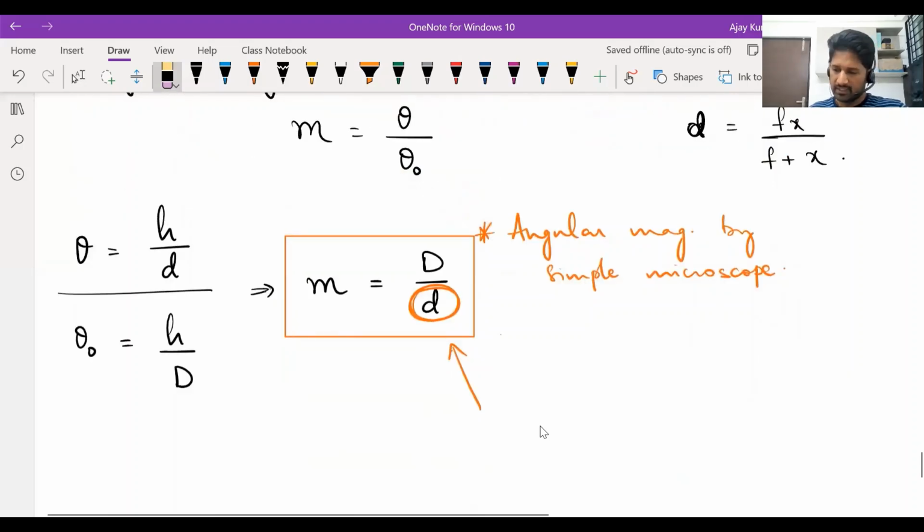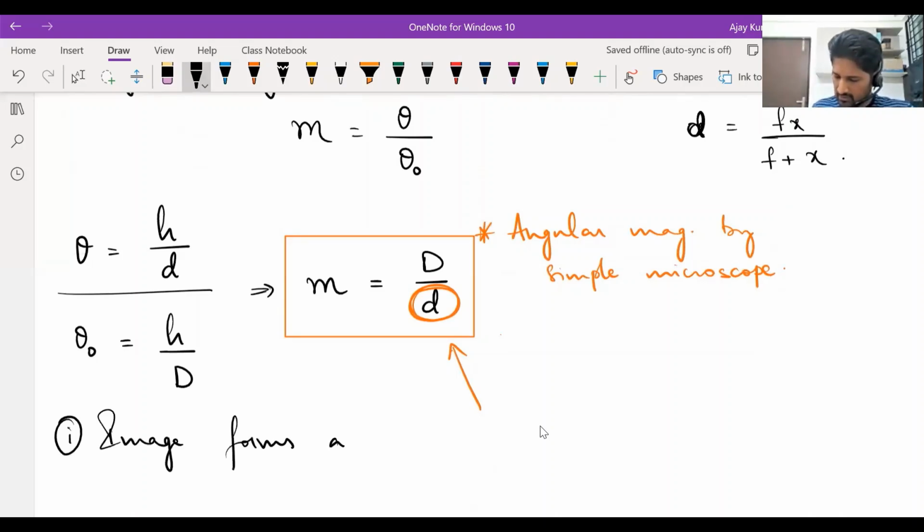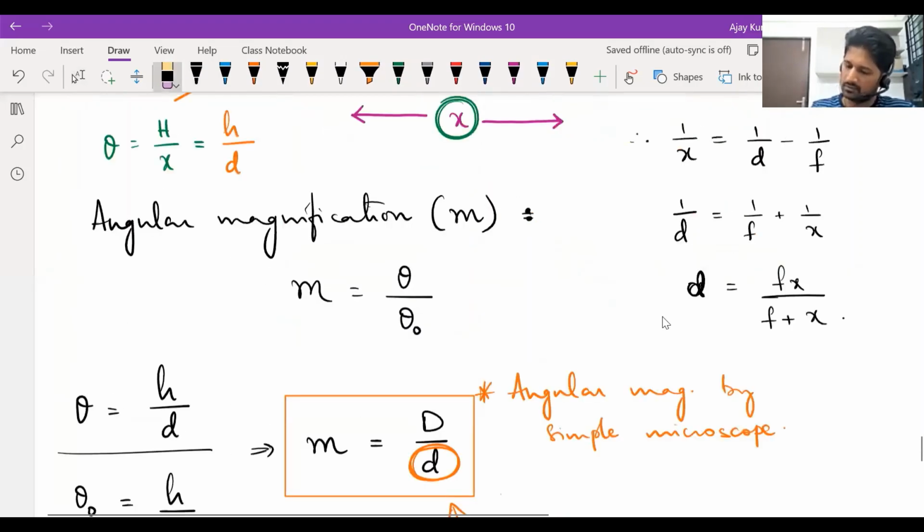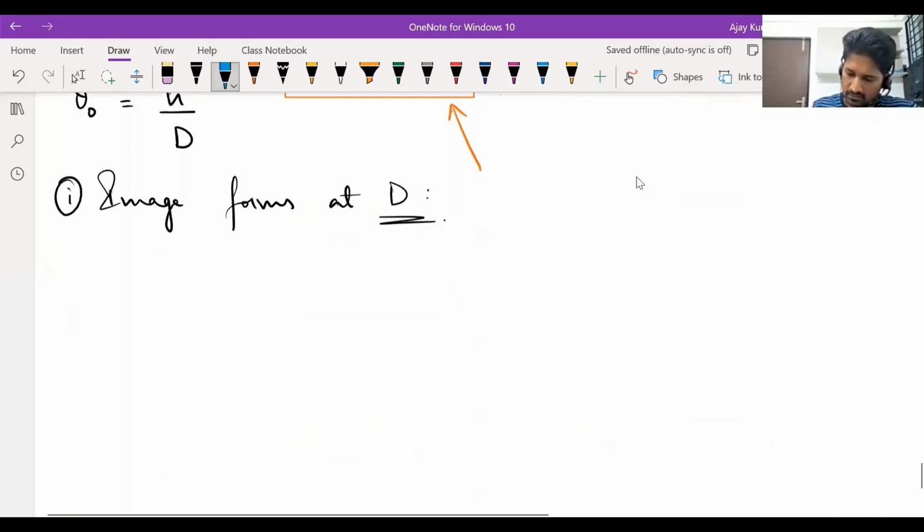We know d is equal to fx by f plus x. First case. Image forms at near point distance. If image forms at near point distance, small d becomes, or you can use this formula also, 1 by d is 1 by f plus 1 by x. Then 1 by d becomes 1 by f plus 1 by image distance. We want image to form at near point distance.